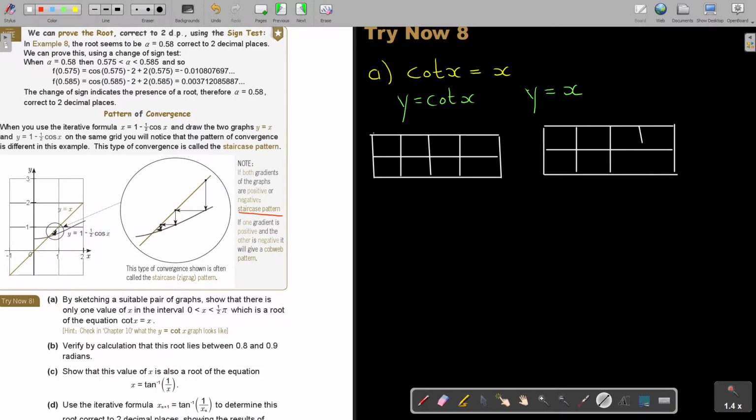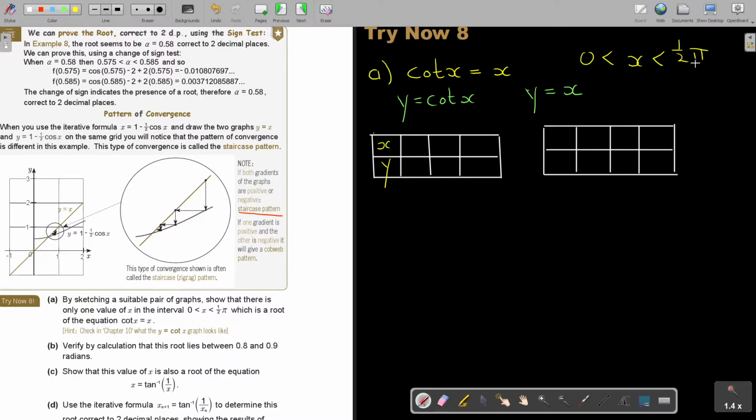Okay, let's start. So this is going to be my x, and this is my y. Because they tell me x is bigger than 0, not included, and smaller than a half pi.